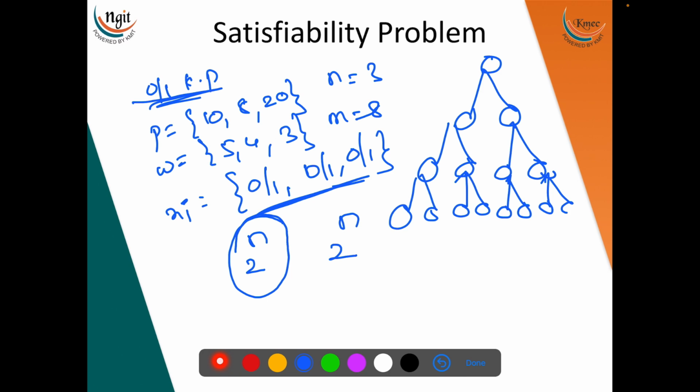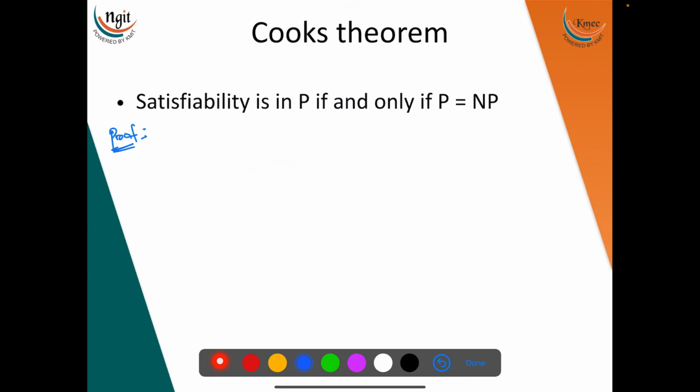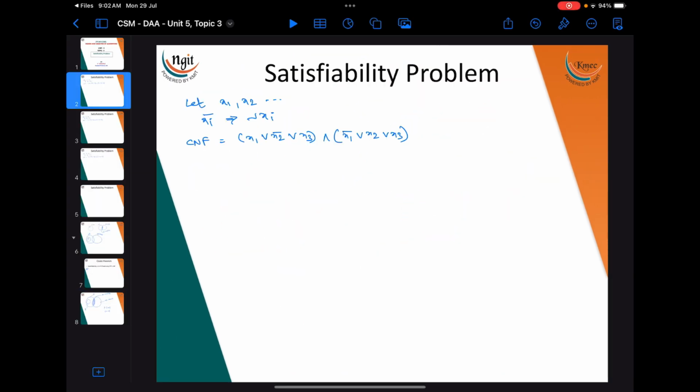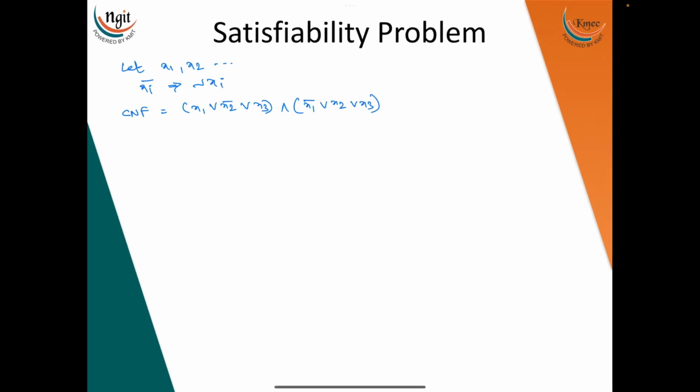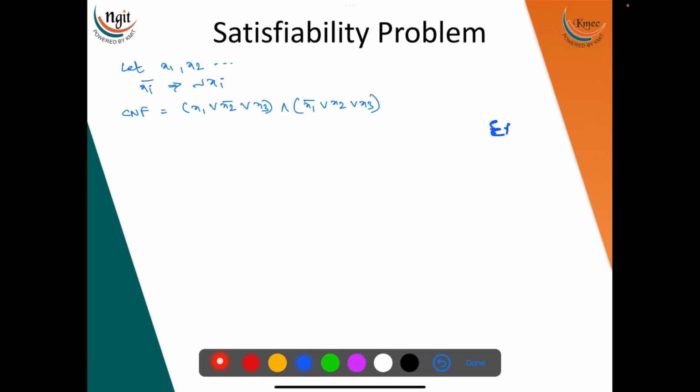So what did you understand out of it? That we are relating the satisfiability problem with exponential time, that means with non-deterministic algorithms. If I am able to solve the satisfiability problem, then I could also solve all these non-deterministic algorithms in polynomial time. So we will be finding the relationship between these two.